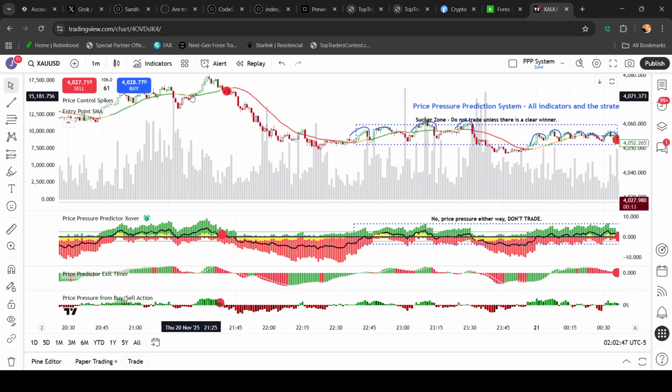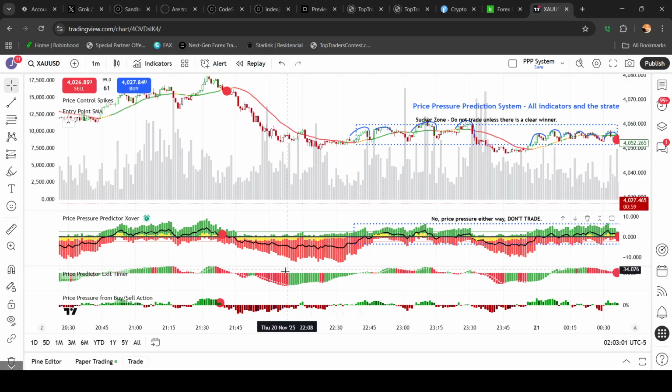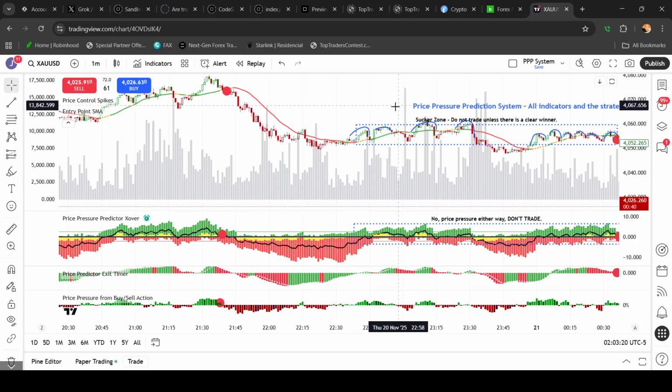For example, over here, we would have gotten in, okay, at the crossover, and we would have stayed in this until right there, okay, when we got our first green bar on the exit timer. And this is where we would have exited. And then you can see after that, it was flat. We would have just tortured ourselves trying to stay in that trade. And that's what the system does.